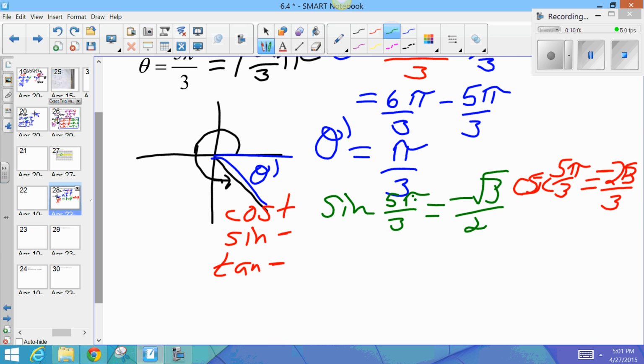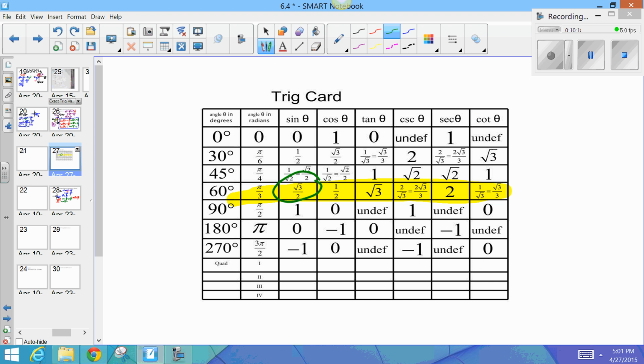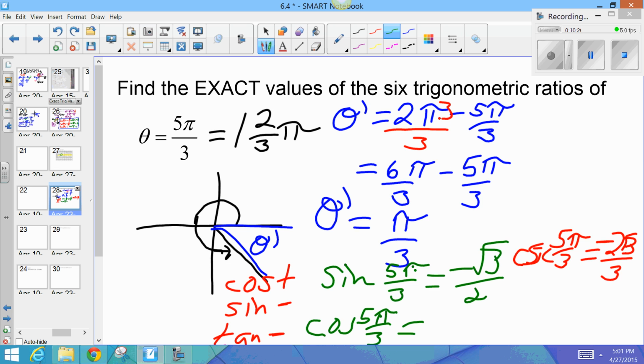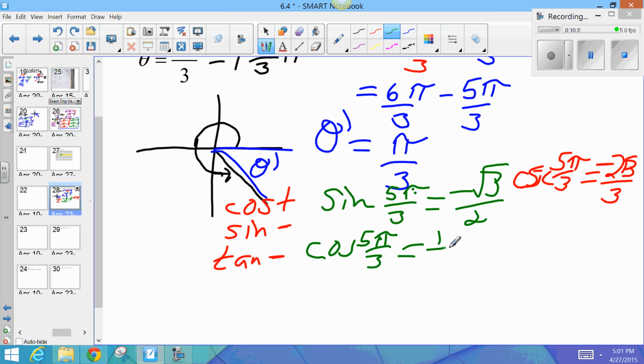Let's do cosine. The cosine of 5 pi over 3. Cosine is positive in quadrant 4, so it's positive 1/2. The reciprocal of cosine is secant. The secant of 5 pi over 3 is going to be 2 because it's the reciprocal of 1/2.